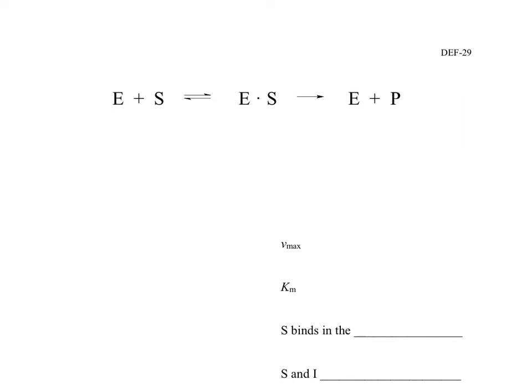We're going to talk about inhibitors, and we want to start with competitive reversible inhibitors. And we're going to return to the Michaelis-Menten model to show you a little bit about how this works.